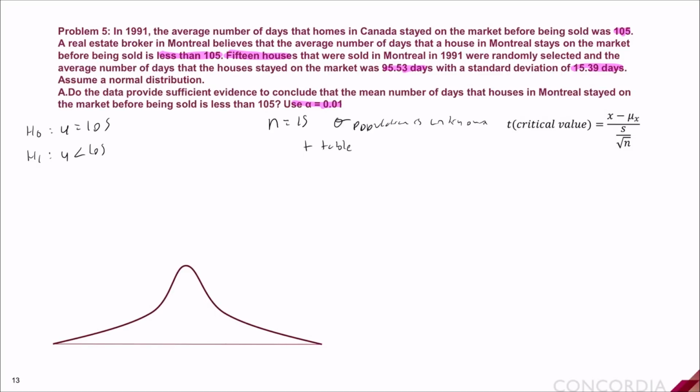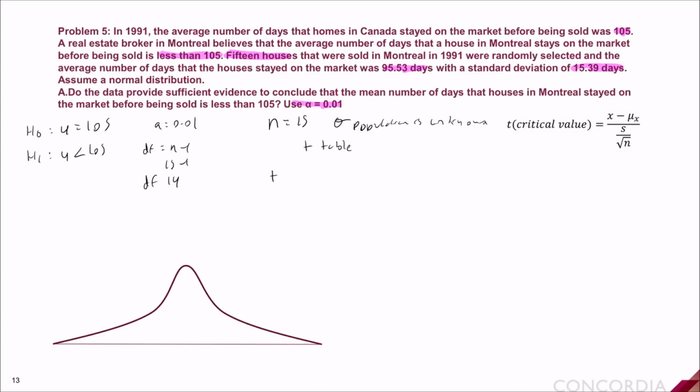Now, given an alpha of 0.01, which we do not have to divide by 2, since H1 is testing only one side, it being less than 105, we need to find our degrees of freedom before finding our t-table value. Our degrees of freedom is simply n minus 1, which would be 15 minus 1, giving us 14 degrees of freedom.